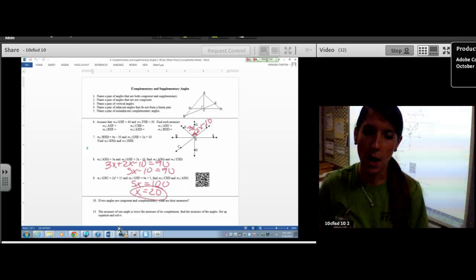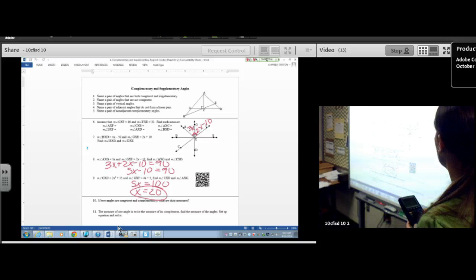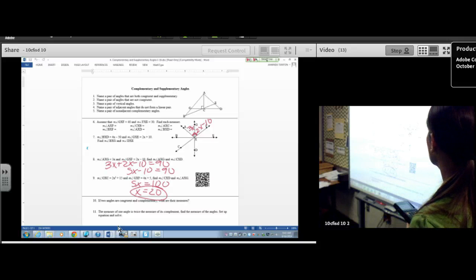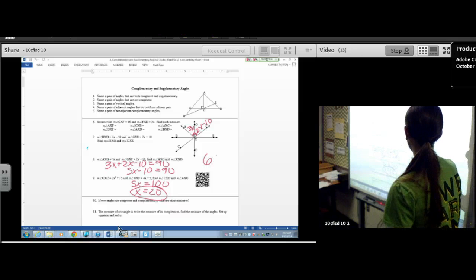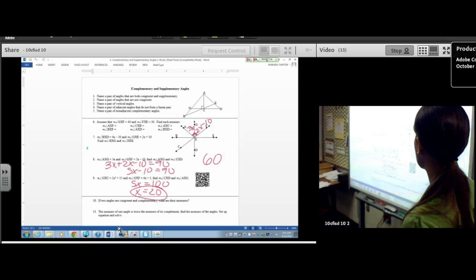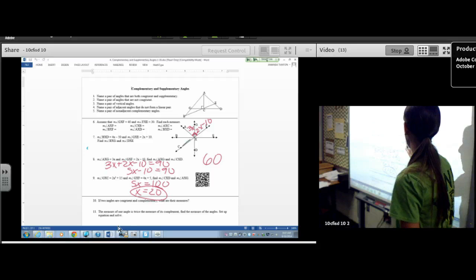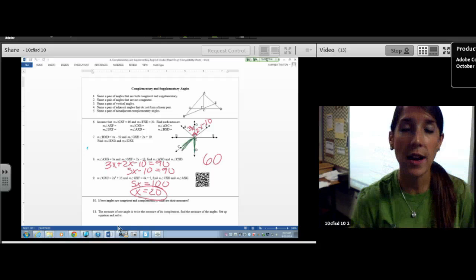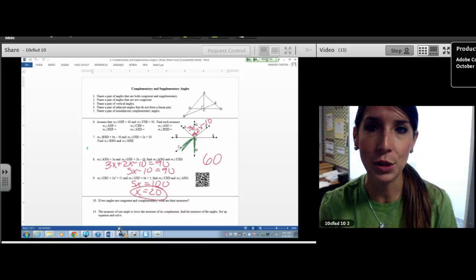Like I said, we're not really done when we solve for x. Let's see, AXG. Well, that's easy. We just plug it in. 3 times 20. So there's the first one. CXD. That's this angle right here. So when you don't know what an angle is and it's not marked with anything, look for what angles could give you clues.